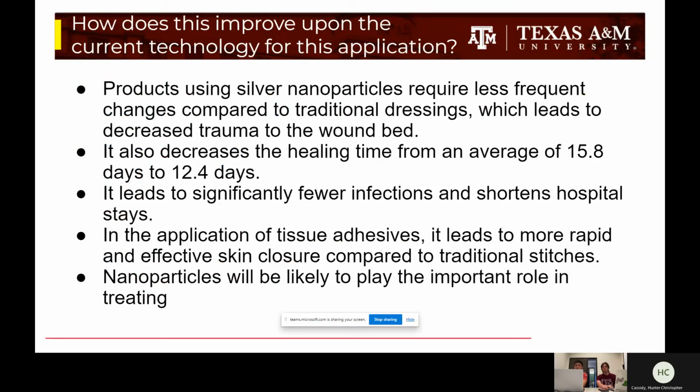And given the unique biodistribution, pharmacokinetics, metabolism, and degradation of nanoparticles, thorough investigation will be needed for each translation into clinical practice.